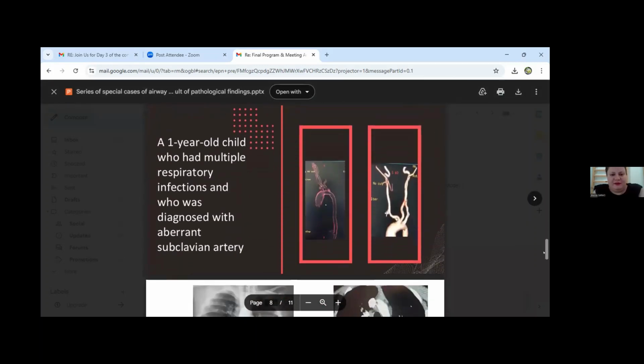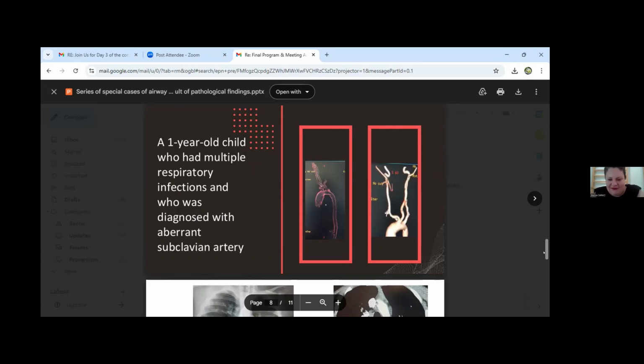Here we have a 1-year-old child who had multiple respiratory infections and who was diagnosed with aberrant subclavian artery. One month before, we had another child with the same pathology, but I didn't include it in this presentation because my abstract was written before this, but in the next presentations, why not?